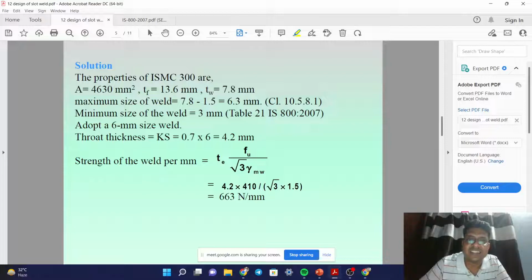So this is 7.8, which is less than 10, so that's why we are taking the minimum size of the weld as 3, which is given in Table 21 of IS 800 2007.